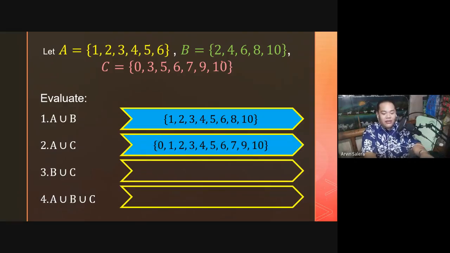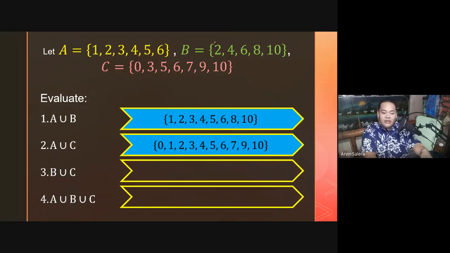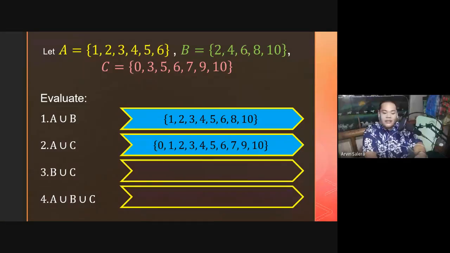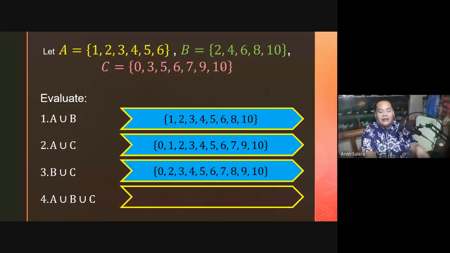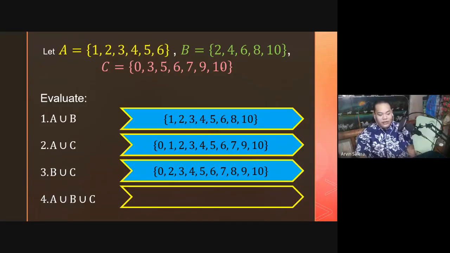Okay, cardinality. B union C. Combine ra na: 0, 2, 3, 4, 5, 6, 7, 8, 9, and 10. Okay. Very good. Sunod, A union B union C. Tanan nga naa ni A, naa ni B, ug naa ni C.